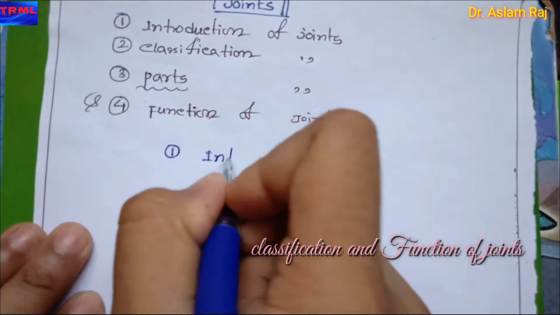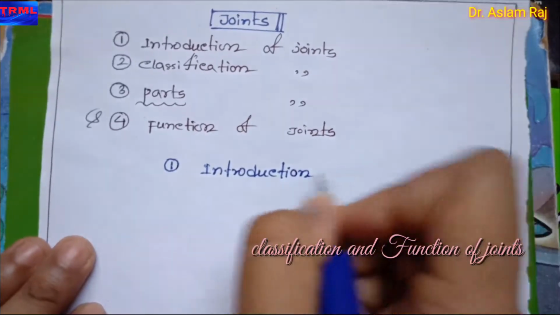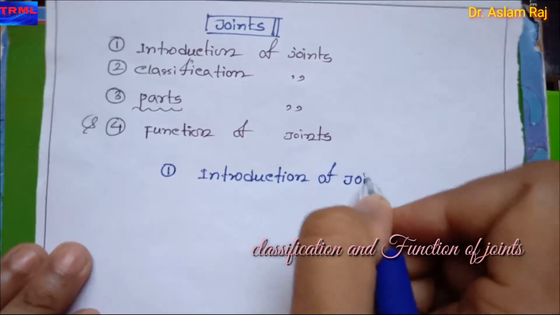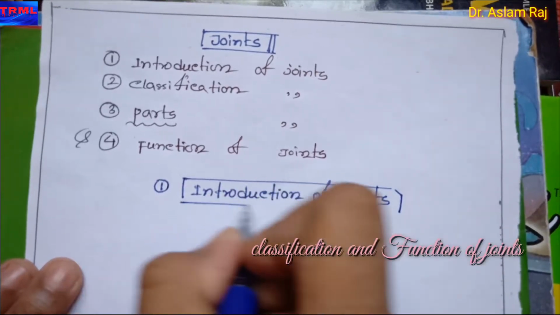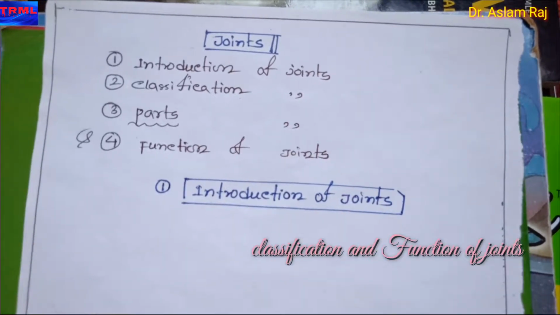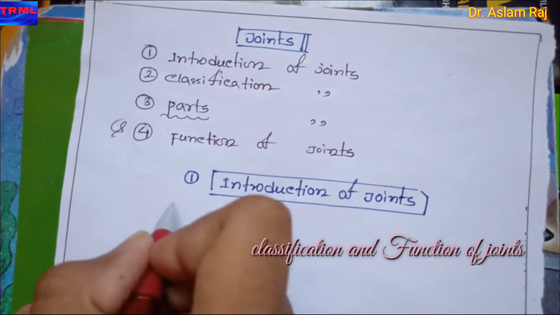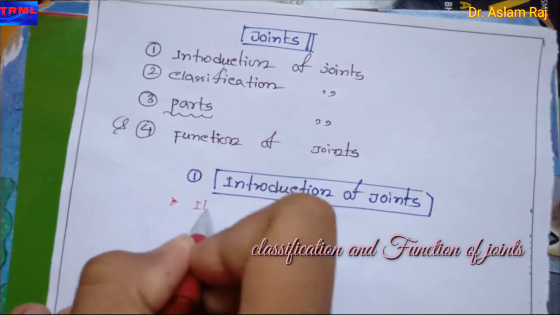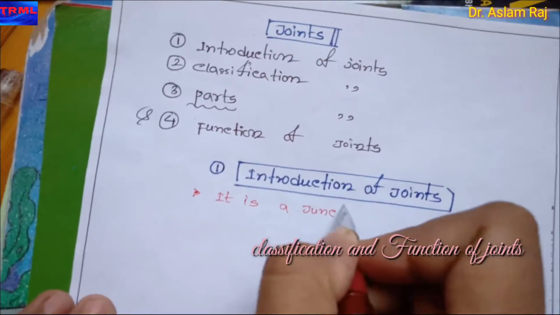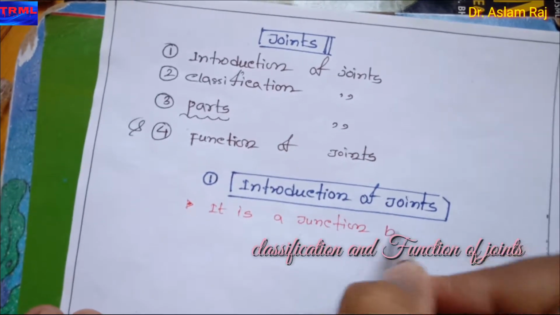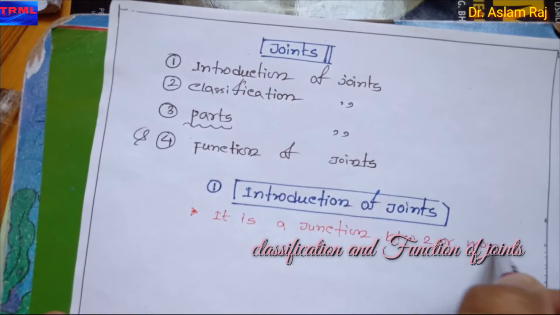First we discuss the introduction of joints. It is mainly a junction between two or more bones or cartilage.